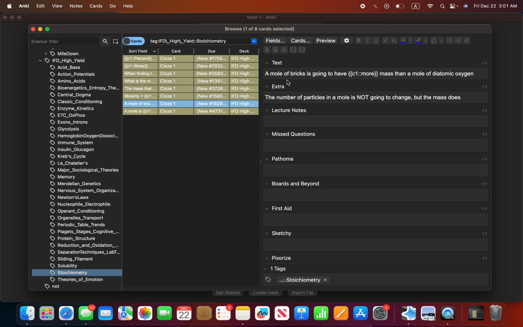So the mass of each particle in the brick is heavier than the mass in the gas, for example, diatomic oxygen. That's why the number is never going to change. The number of particles in a mole, they're not changing. But the molar mass, the mass is changing.